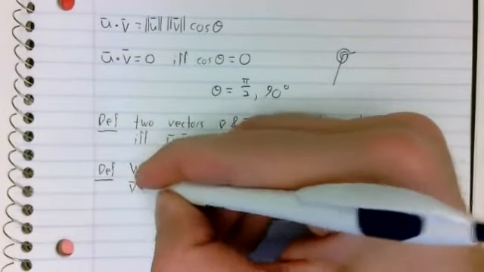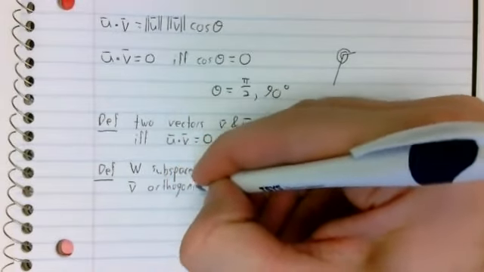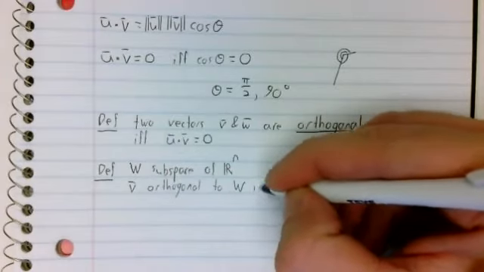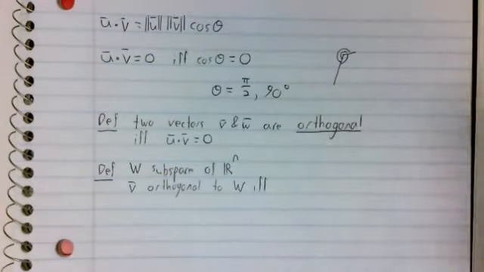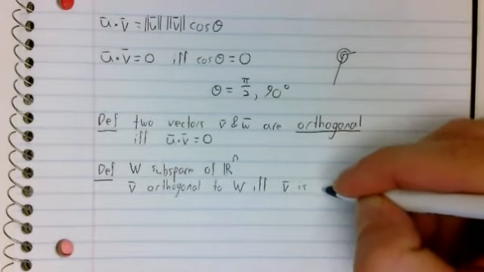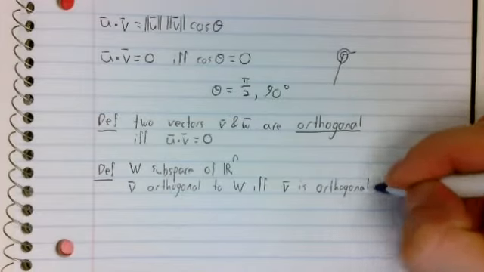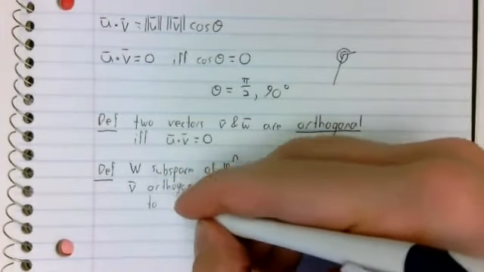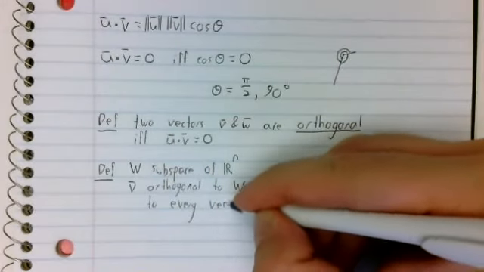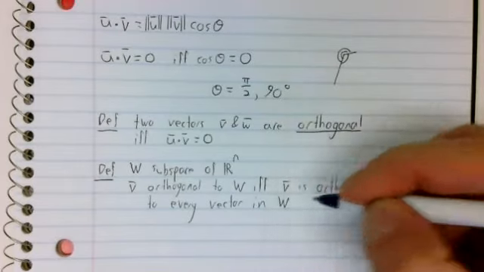We'll say that V is orthogonal to W if and only if it is orthogonal to every vector in W.